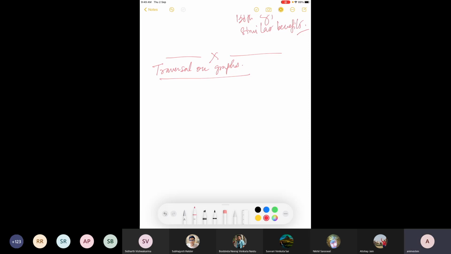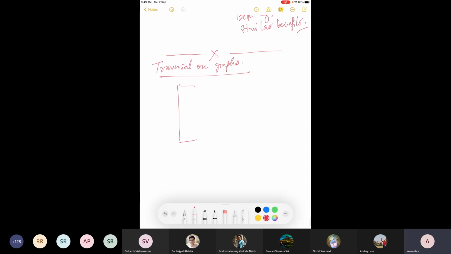Okay, so we will talk about two types of traversals on graphs. The first one is called the depth first search. And the other one, the other side of the coin, is the breadth first search.